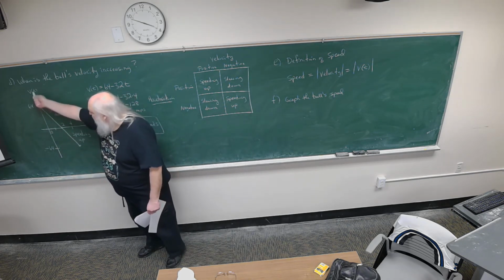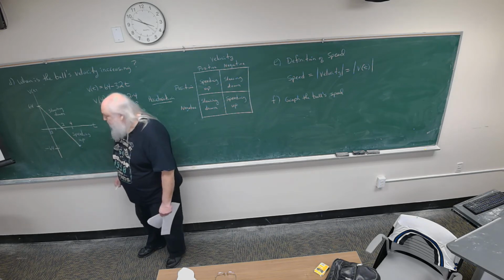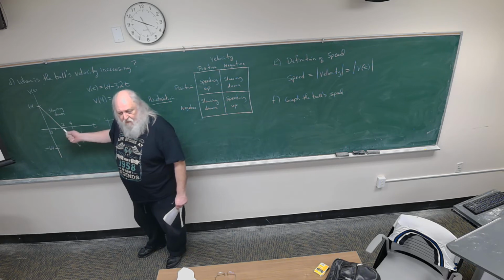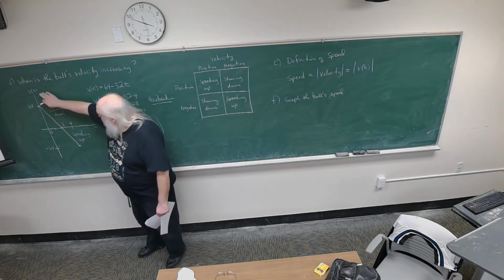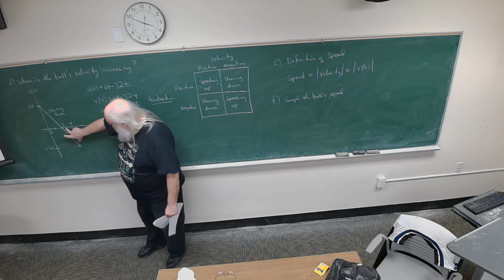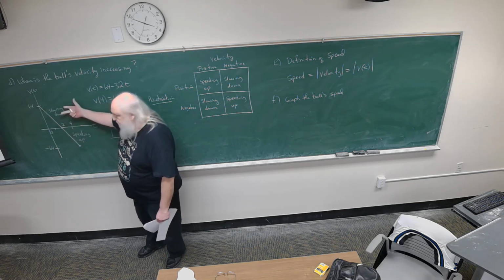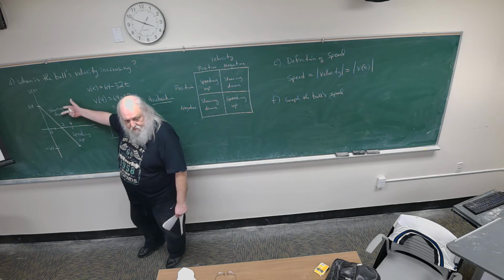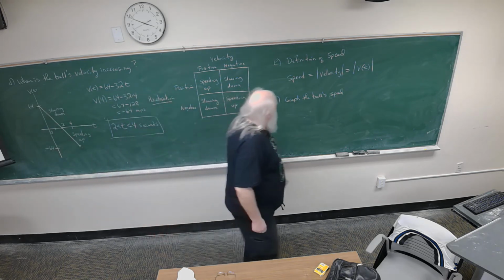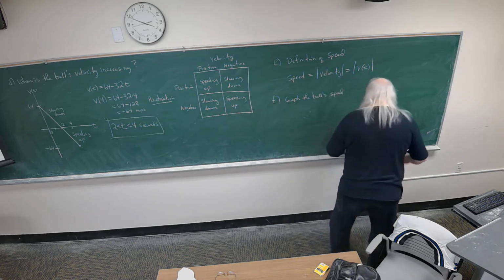So when we graph the absolute value of v of t, for those of you who had pre-calculus with me, we did graphs involving the absolute value. When we take the absolute value of v of t, anything that's below the x-axis gets flipped above the x-axis, right? Because the absolute value is always positive. Right? So the graph of the ball's speed.